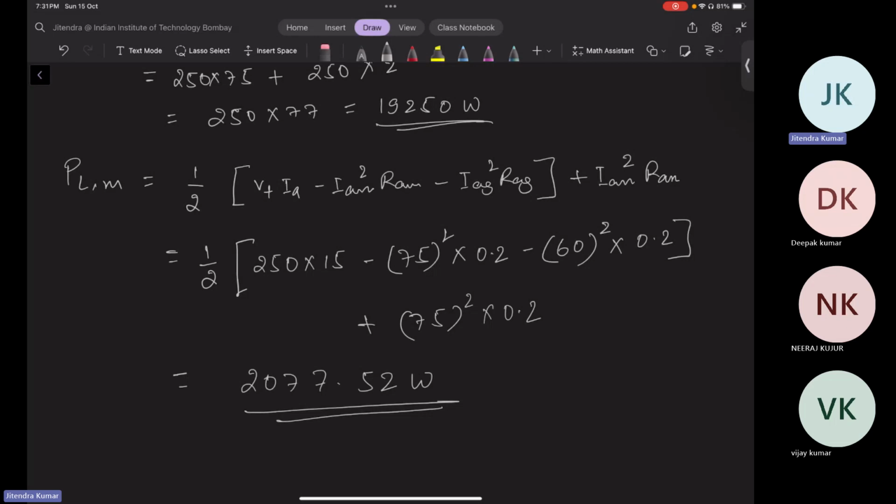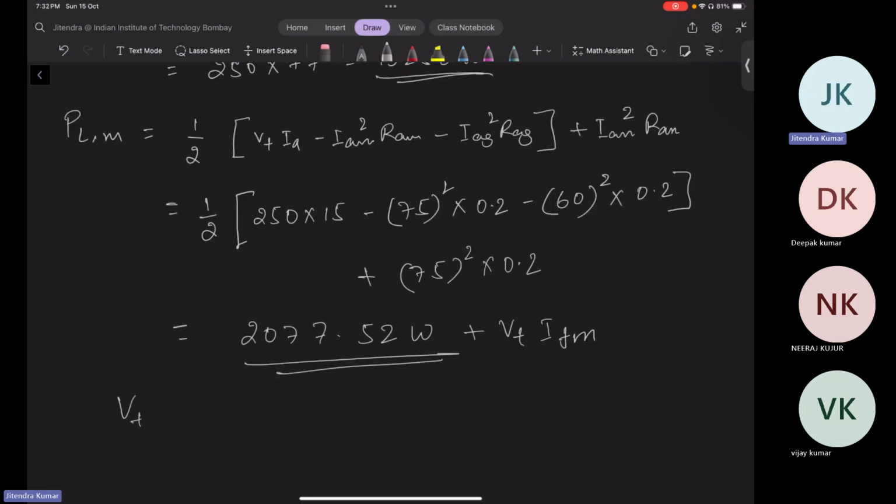Any other losses are required to be included? In this overall losses, we considered that input is only armature, but from the total system perspective, you have to add field losses. Yes.